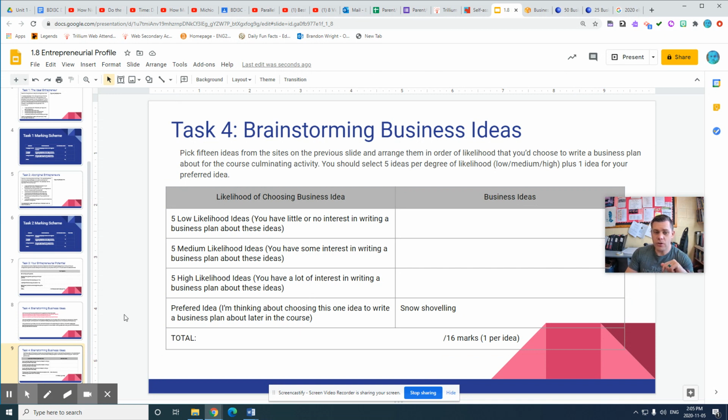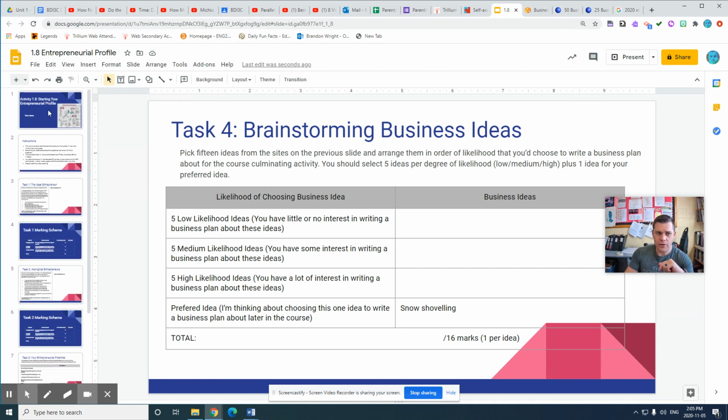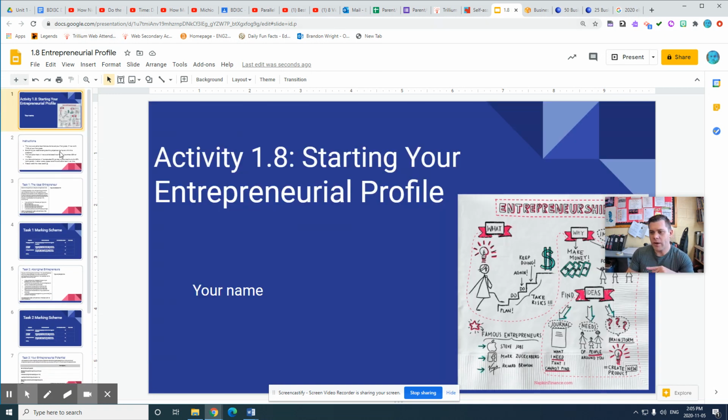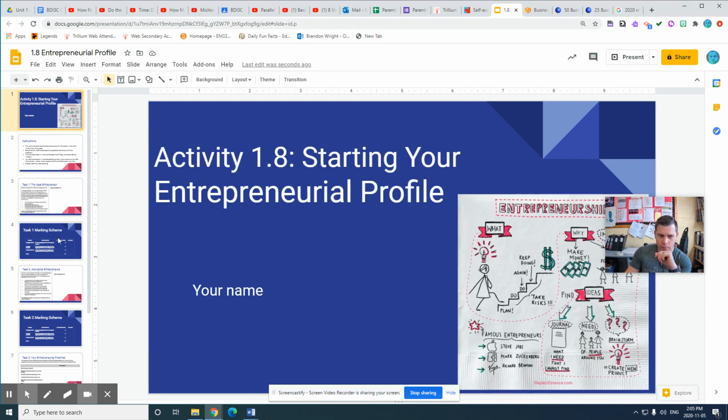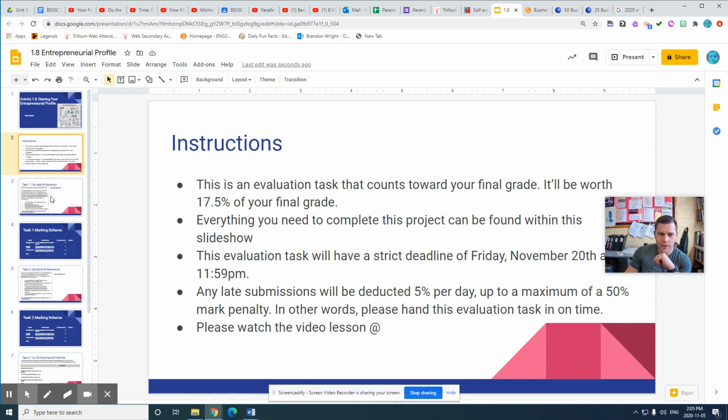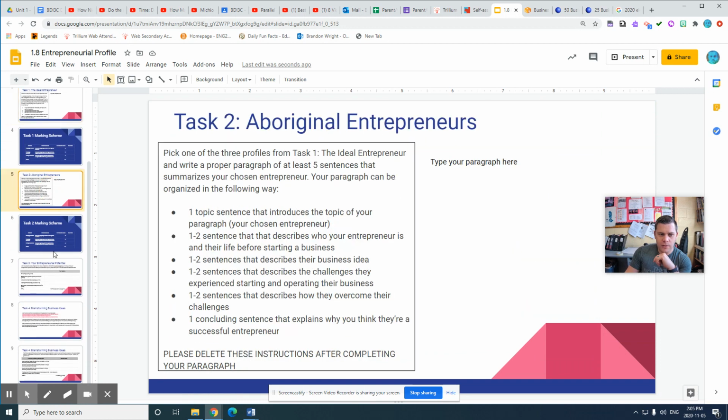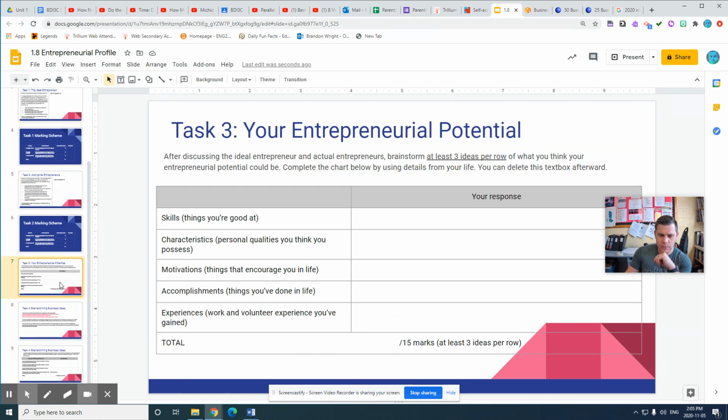And that's it for the Unit 1 culminating activity and your entrepreneurial profile. We're going to continue your entrepreneurial profile in Unit 2. But for Unit 1, this is all you guys need to worry about. The purple slides, you don't have to write anything on them. I marked the purple slides, but the white slides, you do need to complete.